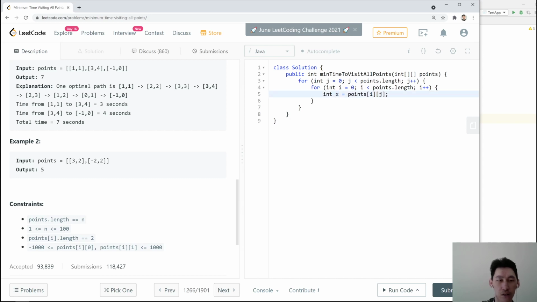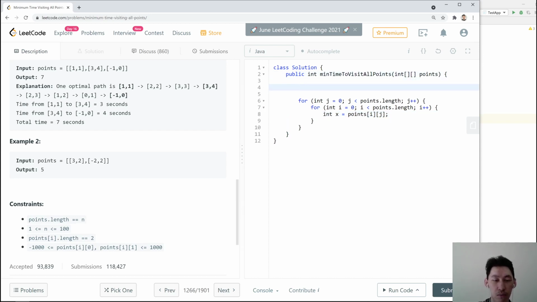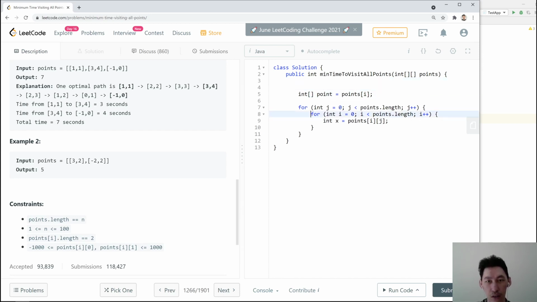Oh, okay. So you get an array, so that is a point, and then that's how you access. Okay, I'm starting to get what they want from me in terms of syntax.